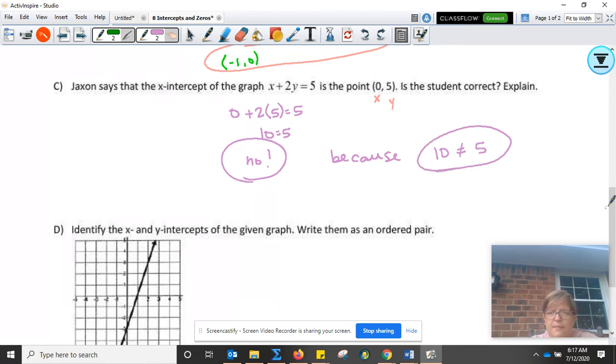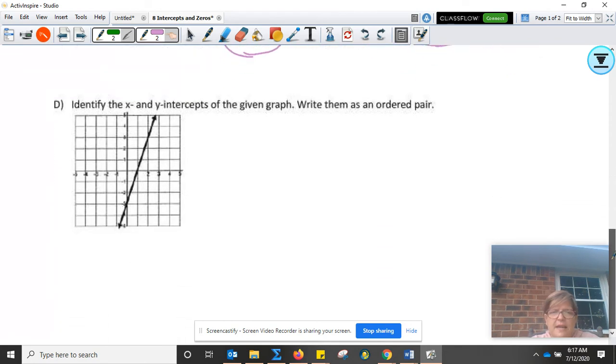All right. In D, identify the x and y intercepts of the given graph. Write them as ordered pairs. So let's plot the points, see where they are. So here's one right here. Here's one right here. So your x-intercept is going to be (1, 0).